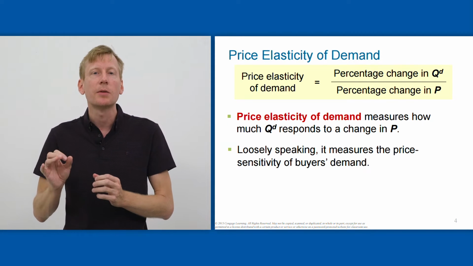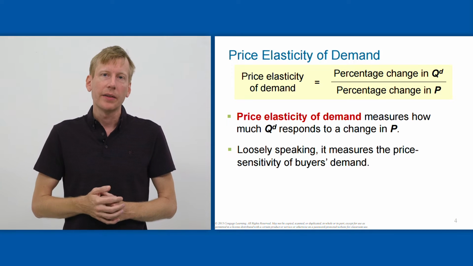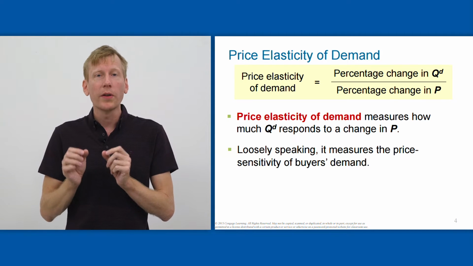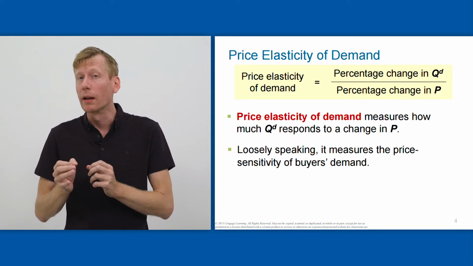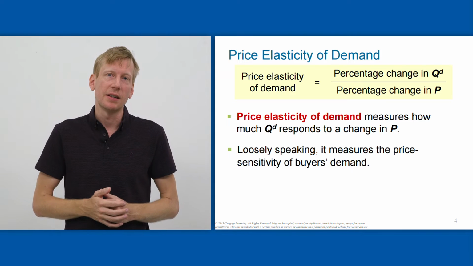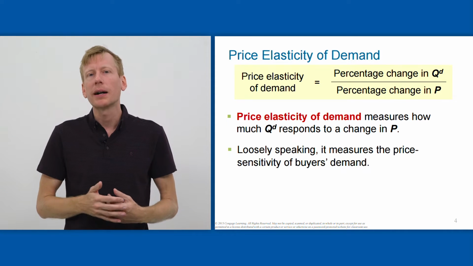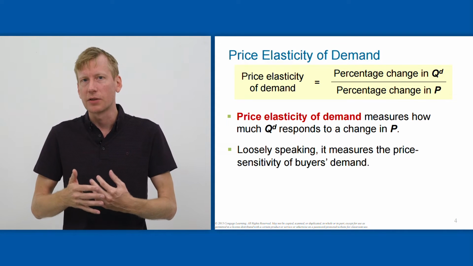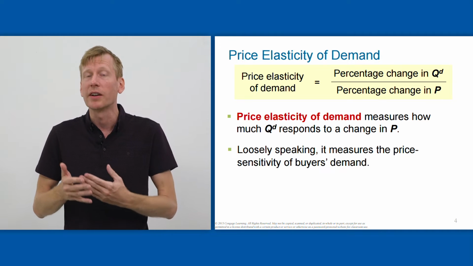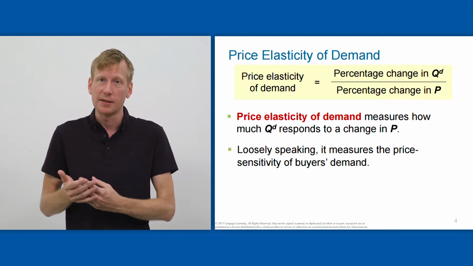Changing the price changes their behavior a lot. On the other hand, if we had a very small number, say 0.1, this would indicate that buyers are not very responsive to changes in the price. They don't respond very much when the price increases.